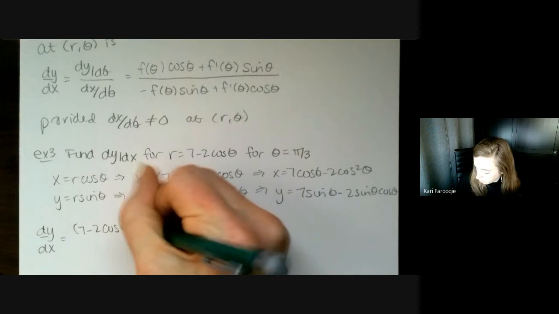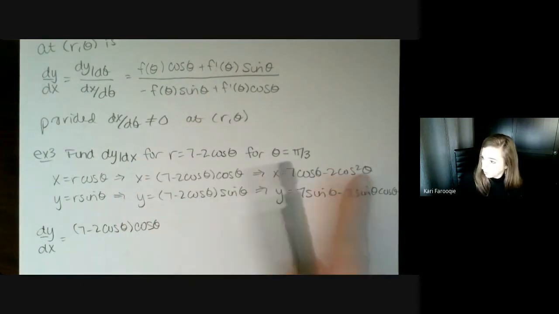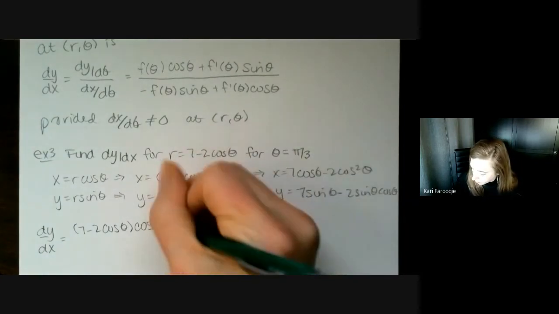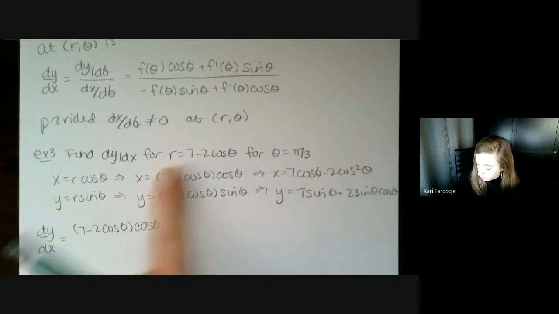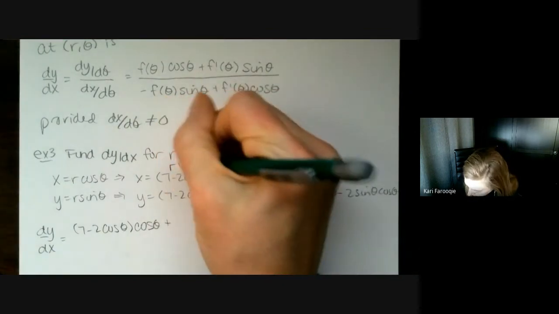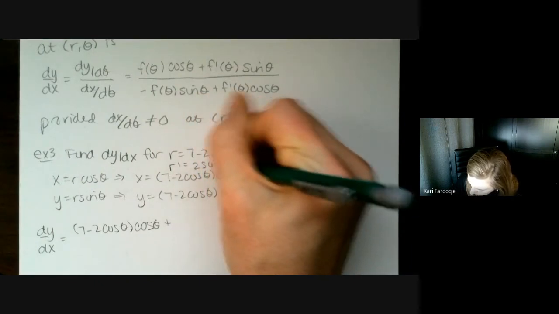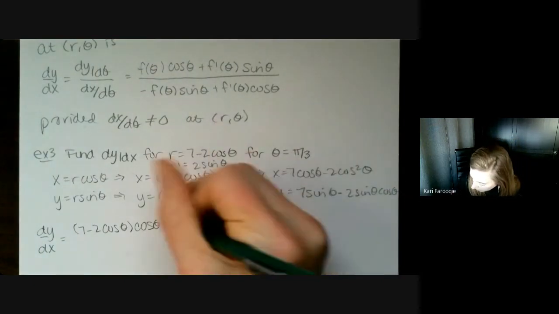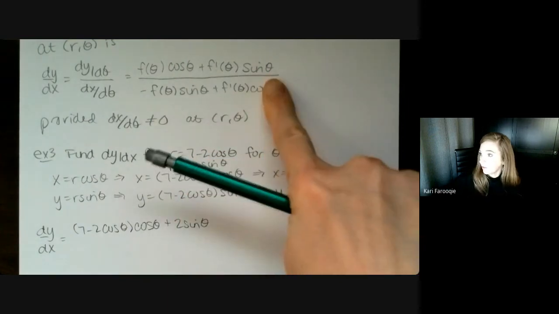You can see now where the formula comes from, just by using the derivatives here. Plus f prime of theta, so that would be r prime, which would just be 2 sine theta. The derivative of cosine is negative sine. And then you're multiplying that by sine theta.